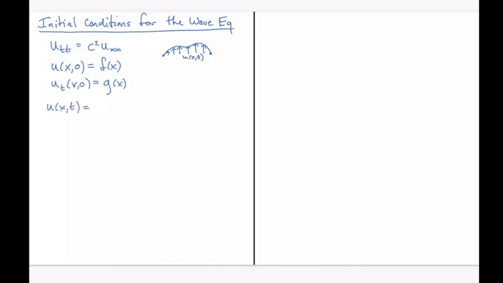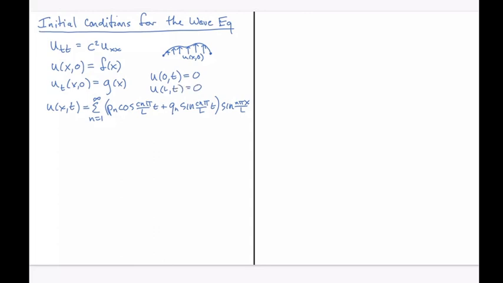And this was covered in a previous video on the playlist. So we have a sum from n equal 1 to infinity of Pn cosine of Cn pi over L t, plus Qn sine of Cn pi over L t, times the sine of n pi x over L. This was the general solution for the case where we have homogeneous Dirichlet boundary conditions.